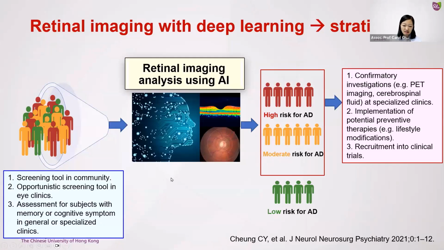High-risk individuals identified by this DL model could then benefit by selective referral for more intensive and specific examination, for example, PET imaging, plasma assays for amyloid beta and tau, and more specialized clinic for definitive AD diagnosis, possibly at early stage for preventive measures.